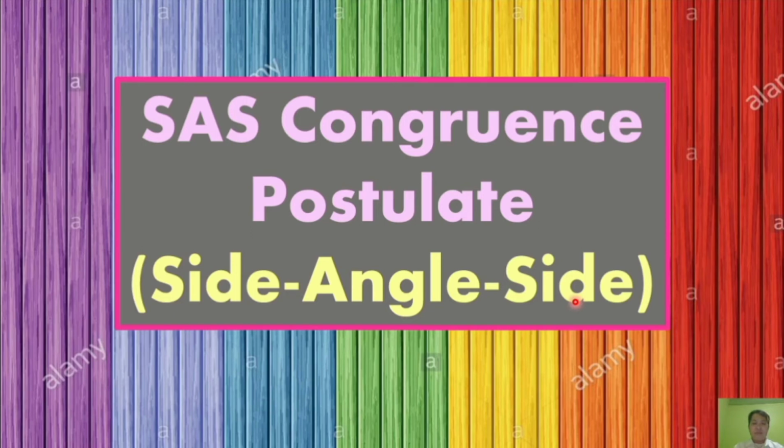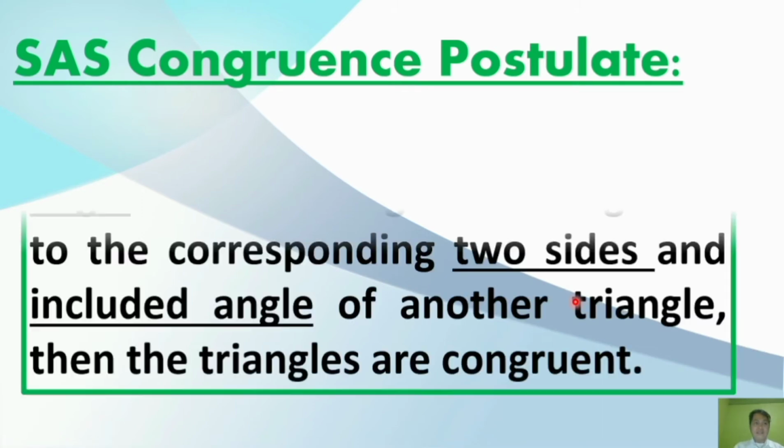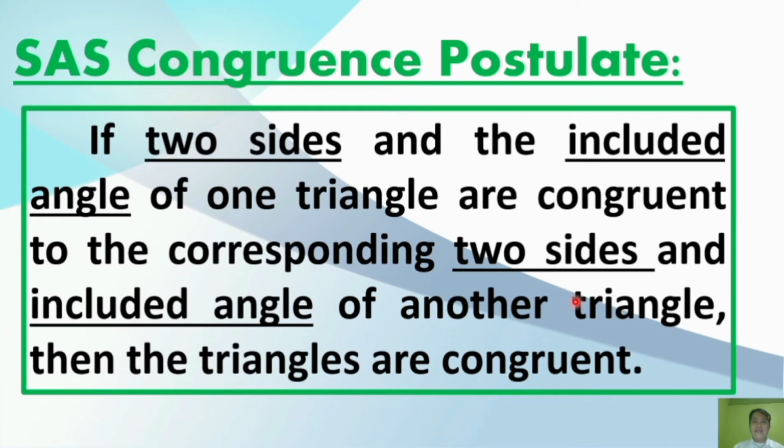And for us to be able to understand this better, let us read this one. SAS congruence postulate. If two sides and the included angle of one triangle are congruent to the corresponding two sides and included angle of another triangle, then the two triangles are congruent.